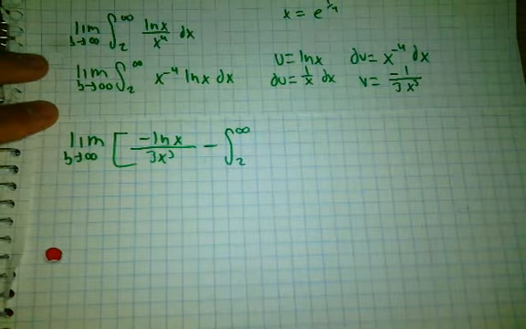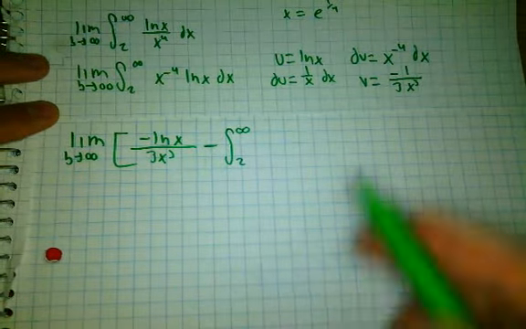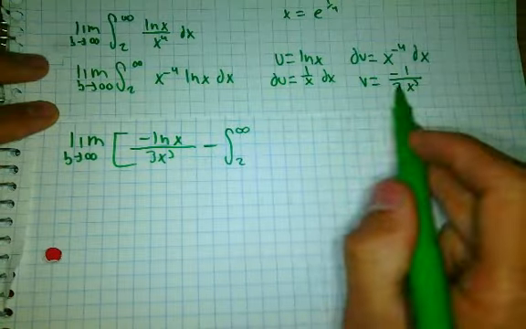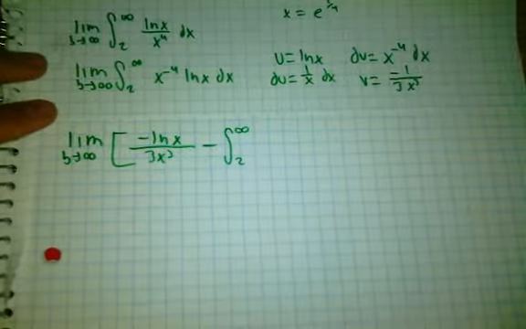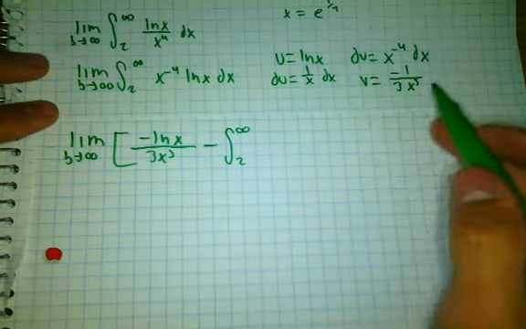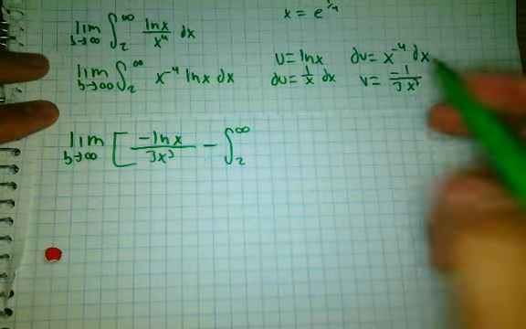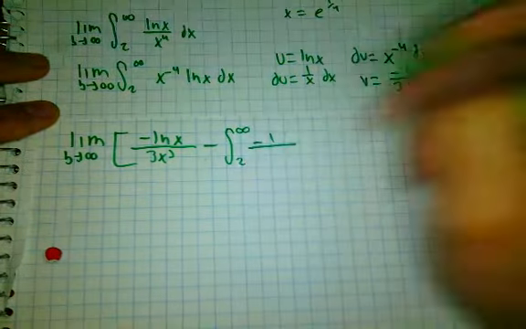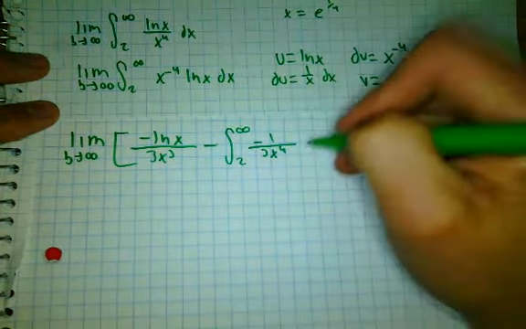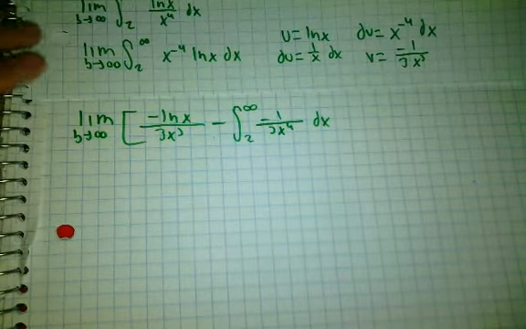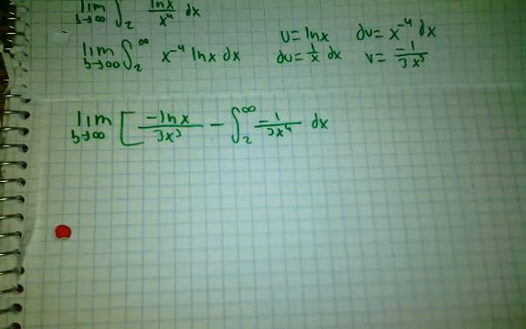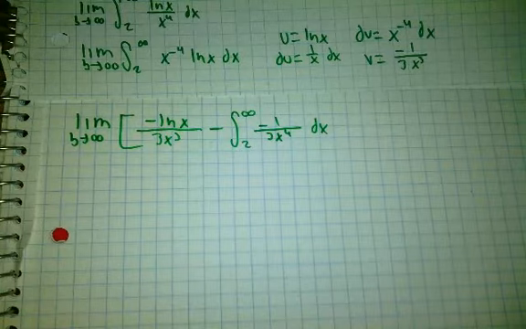So this and this together will become a negative 1 over 3x to the fourth dx. Shouldn't that be what? Oh, I'm sorry, yes. Good catch. 2 to b. Thank you.